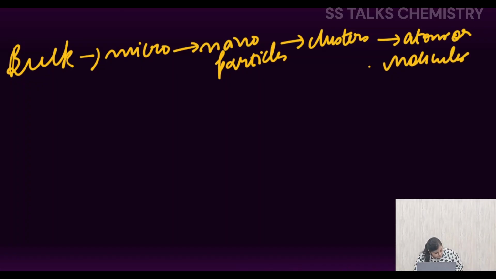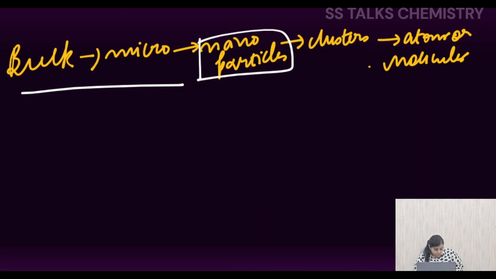So as you go from the bulk, we have to go to the nanoparticles. We can go either from the bulk to the nanoparticles, or from the atoms and molecules to the bulk particles. So two methods are there. When you start with the bulk materials and break this species down to nanomaterials, you are starting from the top.